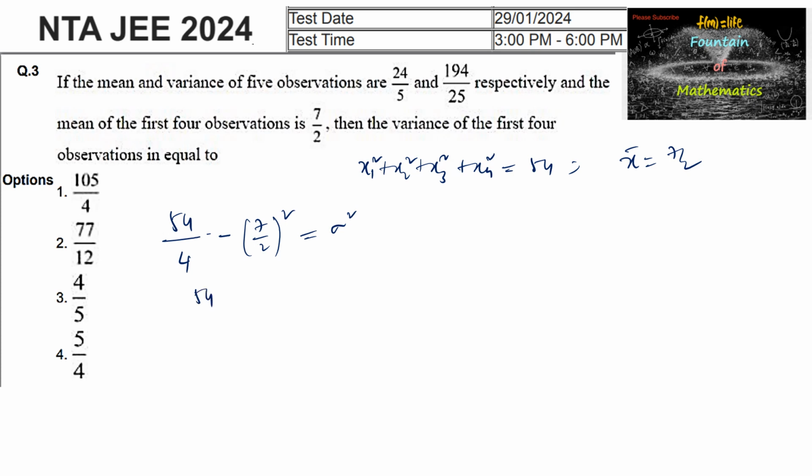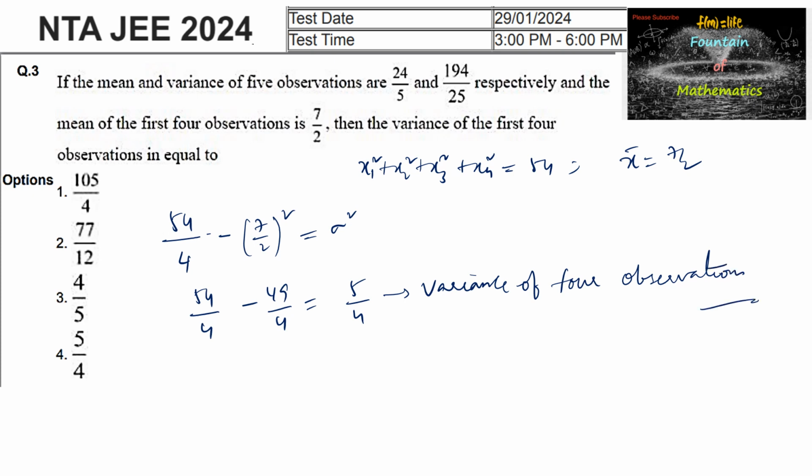So we can write 54 upon 4 minus 7 square is 49 upon 4, which is equal to 5 upon 4, the variance of 4 observations. So we can go with option D, 5 by 4 is the answer.